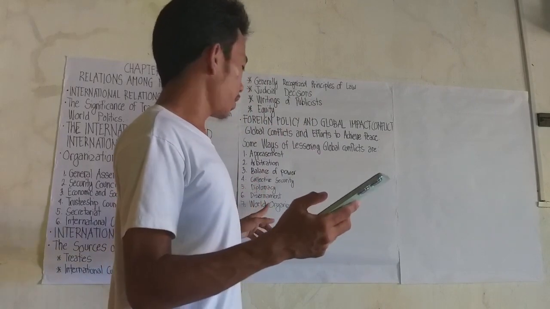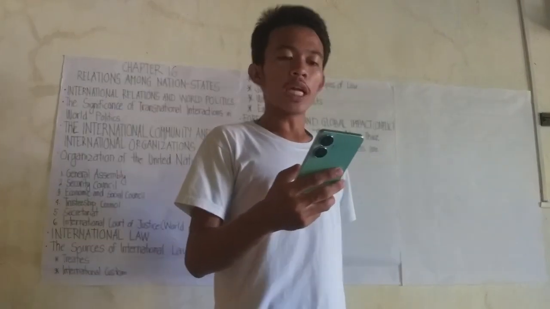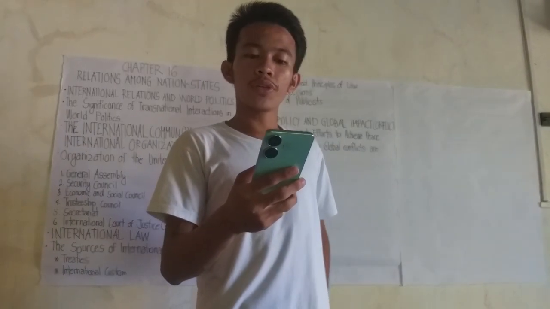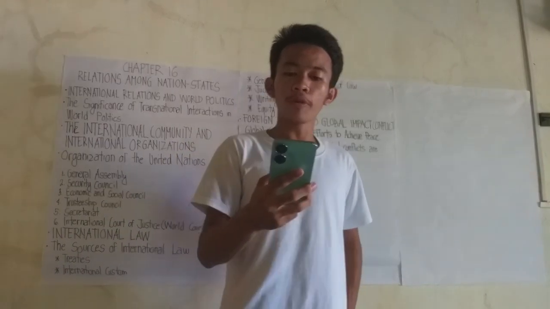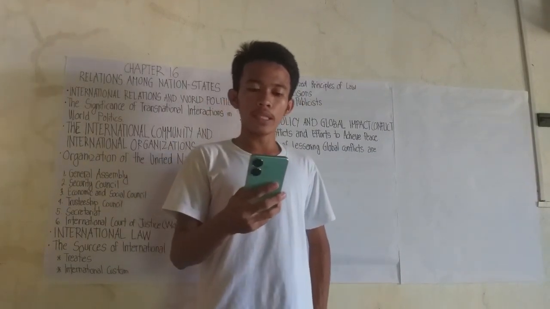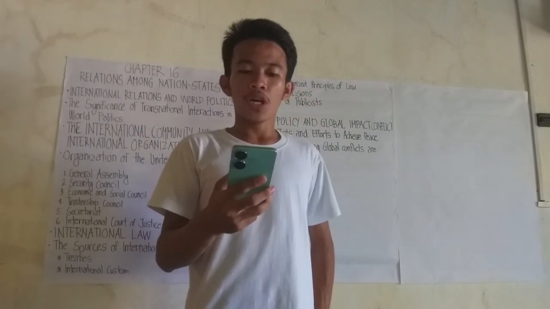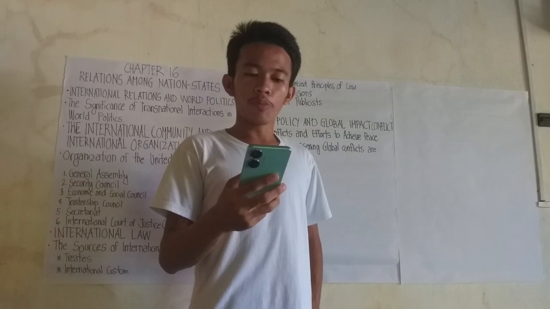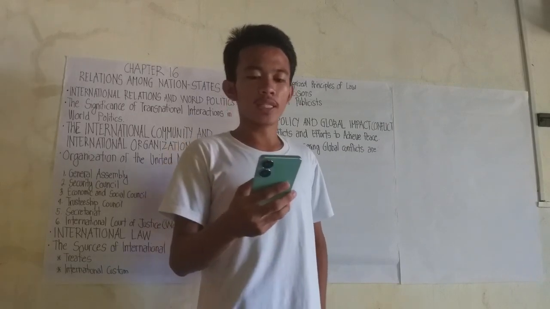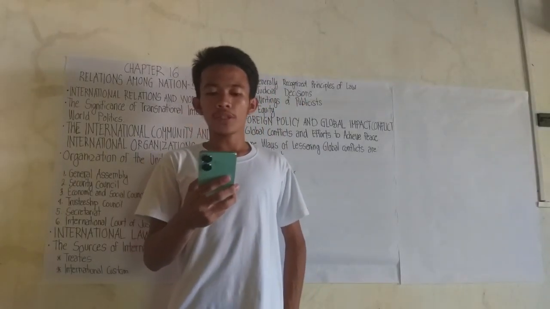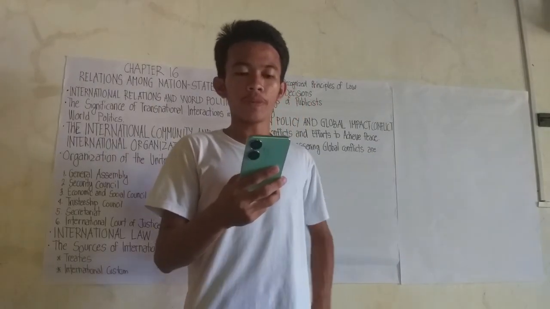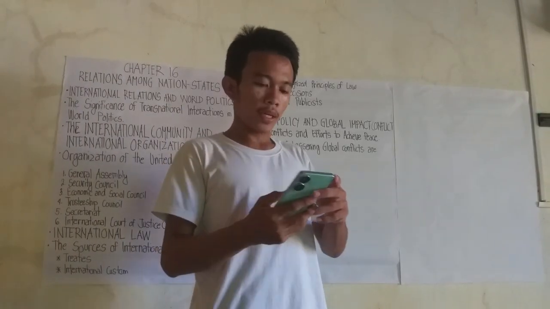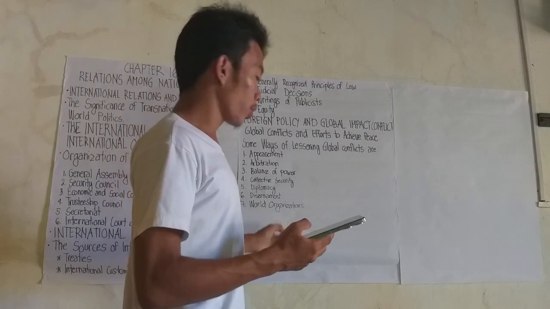Then, number 6, disarmament. Disarmament refers to the reduction or elimination of military weapons, forces, or capabilities possessed by nations or other actors. It is a process aimed at promoting peace, preventing conflicts, and reducing the risks associated with the proliferation and use of weapons. Then lastly, world organization.